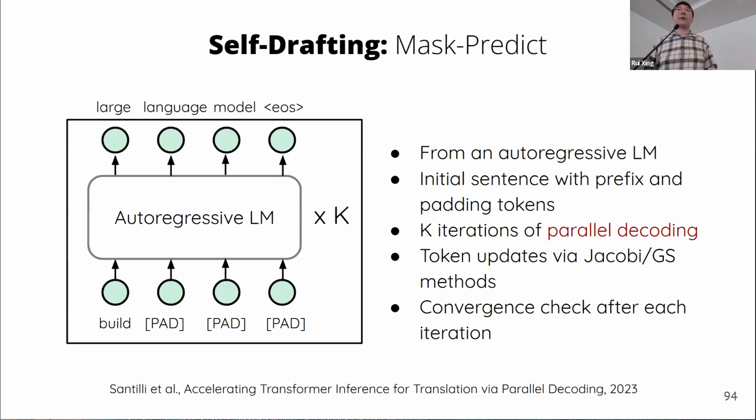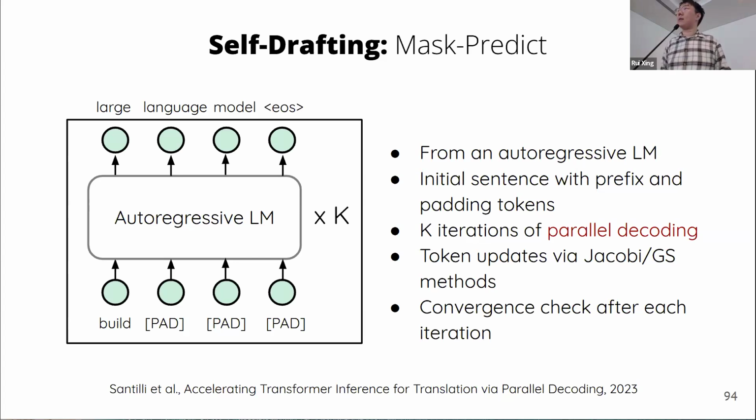It's a different objective. But this work, Accelerating Transformer Inference for Translation via Parallel Decoding in 2023, used a mask predict method on top of an autoregressive language model. It demonstrates that even for an autoregressive language model, you can still do parallel decoding.